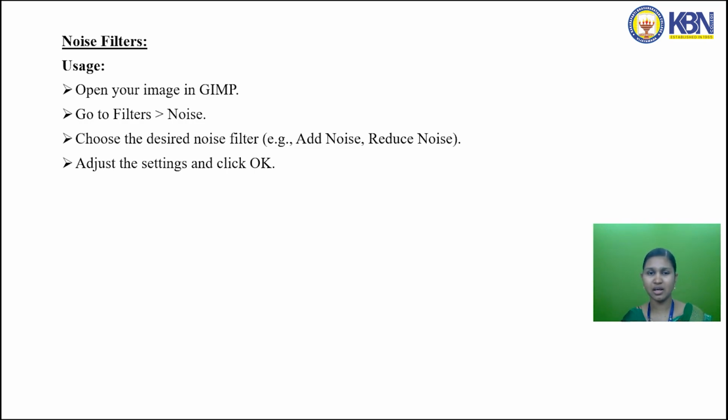It is like turning a button on or off. Whenever you add some noise, you then decrease that noise by going to Reduce Noise, and automatically it will be set. That is, adjust the settings and click OK.